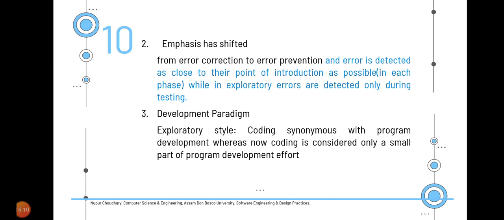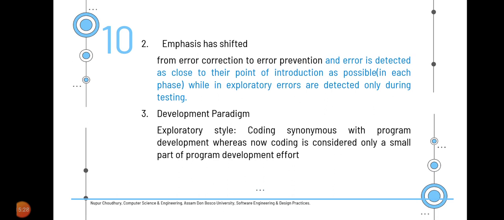The next important difference is the emphasis with which both the techniques work. The emphasis has shifted from error correction to error prevention. As already discussed in the previous sessions, exploratory style of development involved build and fix style in order to develop a software.